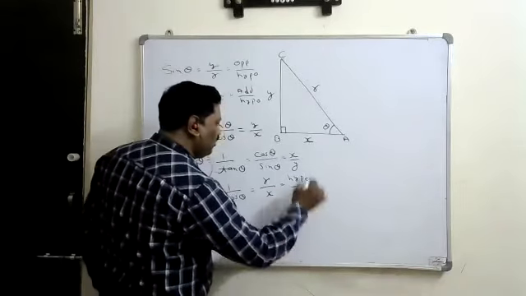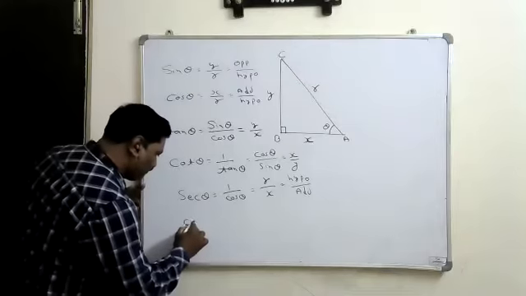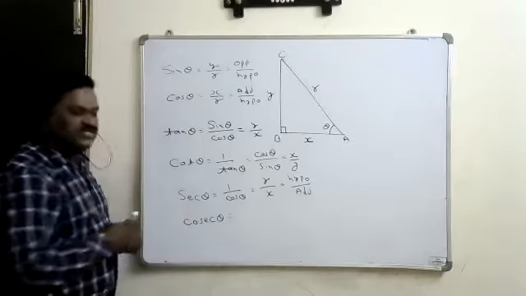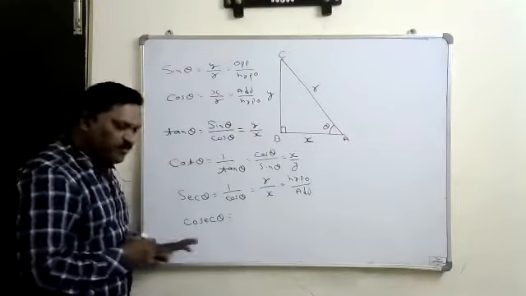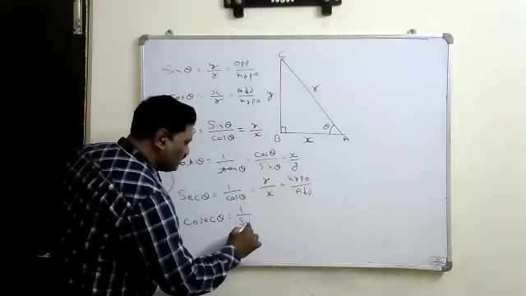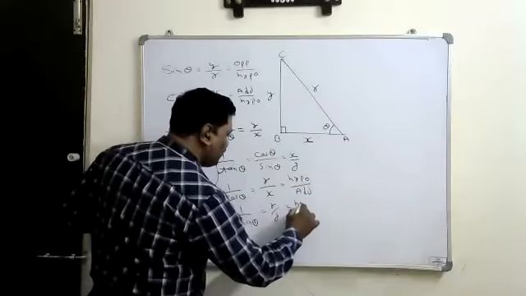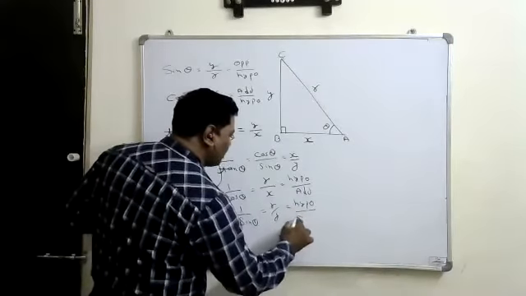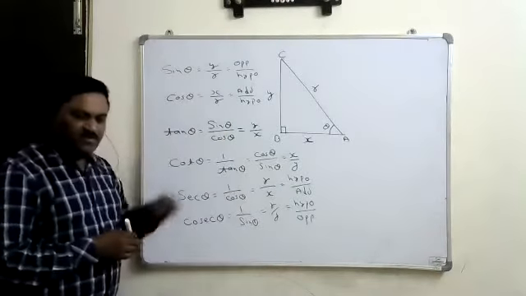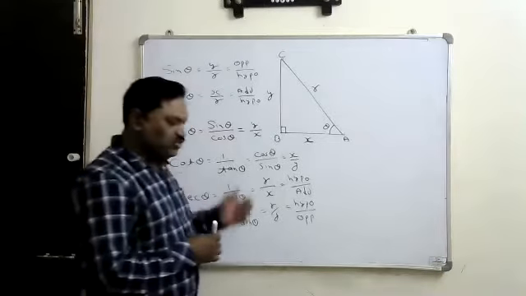Similarly, cosecant theta, or cosec theta, is the reciprocal of sine, 1 by sine theta, that is r by y, where r represents the hypotenuse and y the opposite side. So these are the basic definitions for the 6 trigonometric functions.